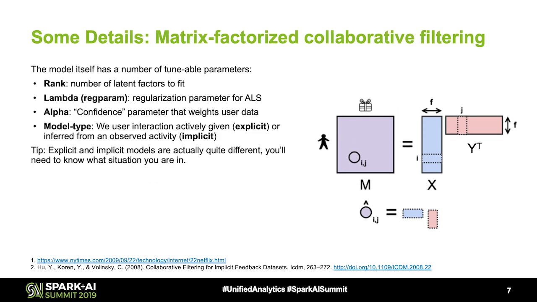For people who have fit this model, you know that you have to choose a rank, which is the number of latent factors to fit. You need to choose a lambda, or the regularization parameter. This thing is fit by basically performing least squares iteratively back and forth between the matrices, and you've got to choose a regularization parameter to make it fit a little bit better.